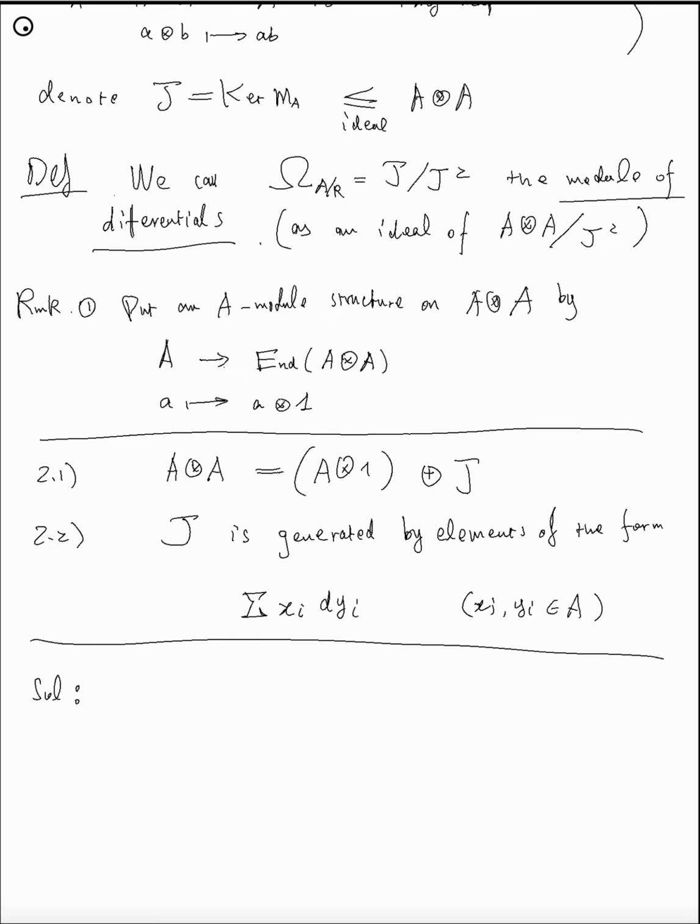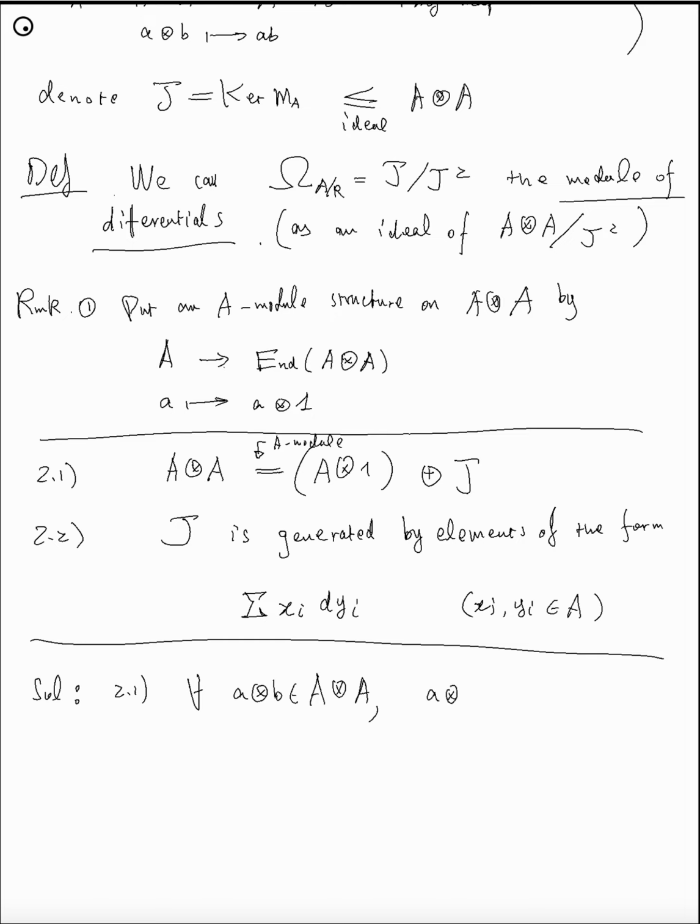Okay, firstly, for 2.1, this is just to show this as a module. So you only have to show firstly any element small a tensor b.